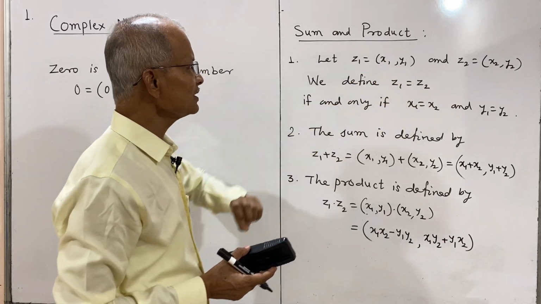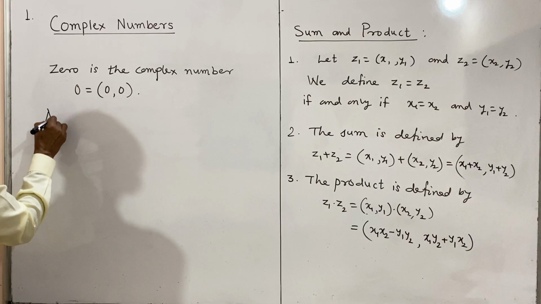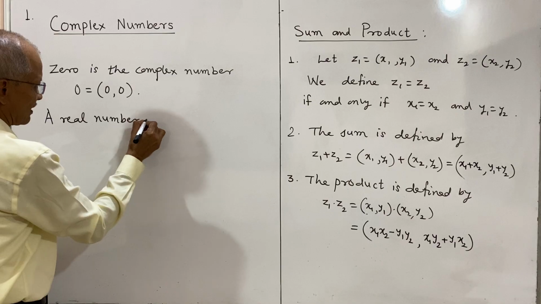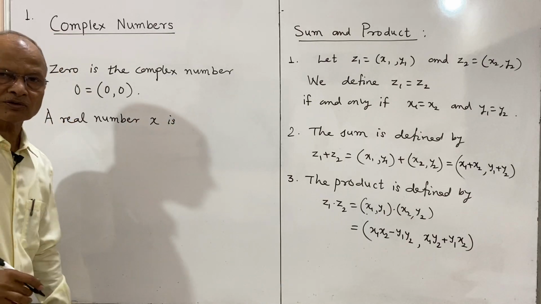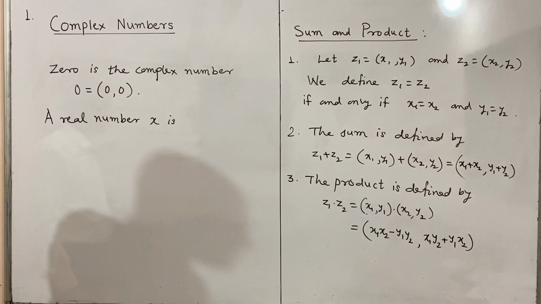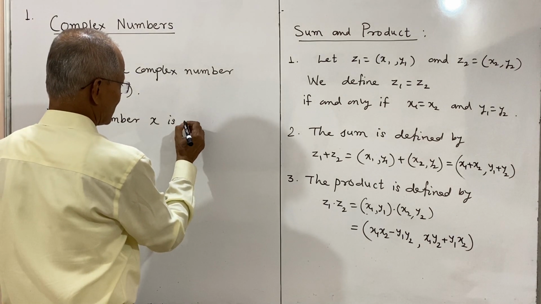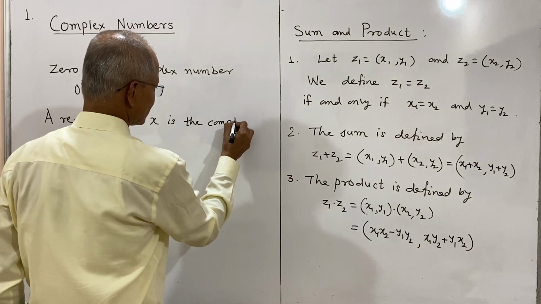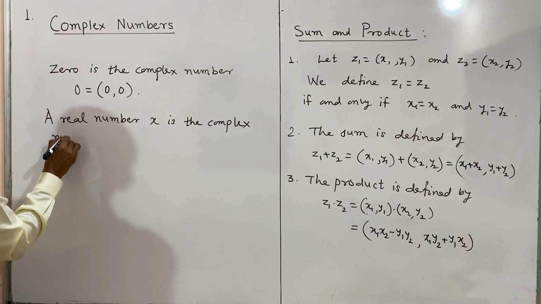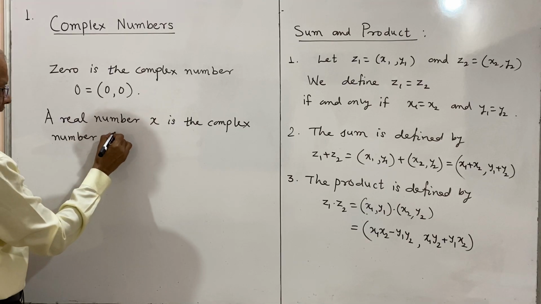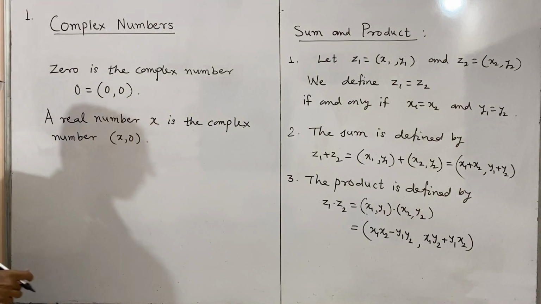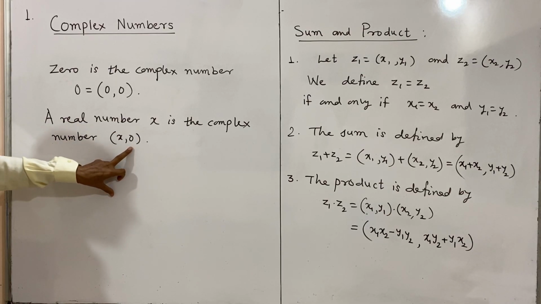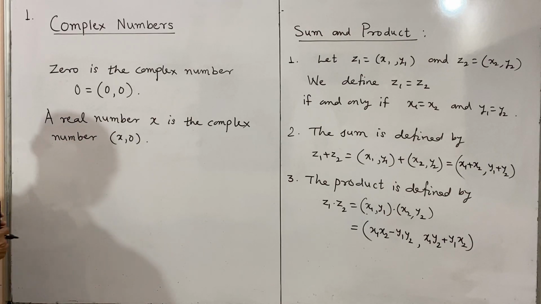If x is a real number, it is also a complex number. Every real number is a complex number, the complex number x comma 0. So every real number is denoted with its imaginary part as 0.